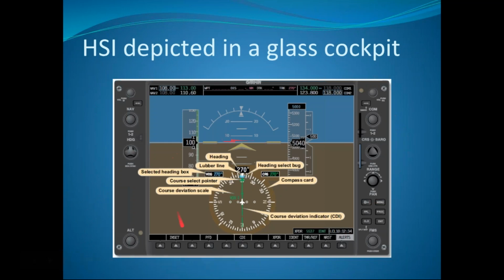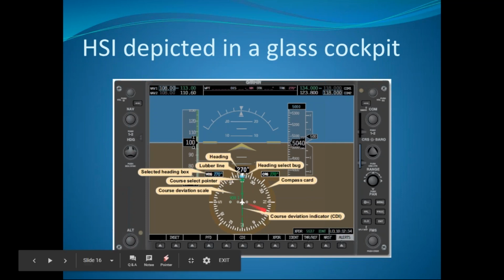Now we use what's called a glass cockpit, where it's just a screen with a whole bunch of information or different instruments combined into one centralized location. They're a lot nicer to fly in, that's for sure. As you can see, they just take an HSI and slap it right down here in the bottom center of the screen.